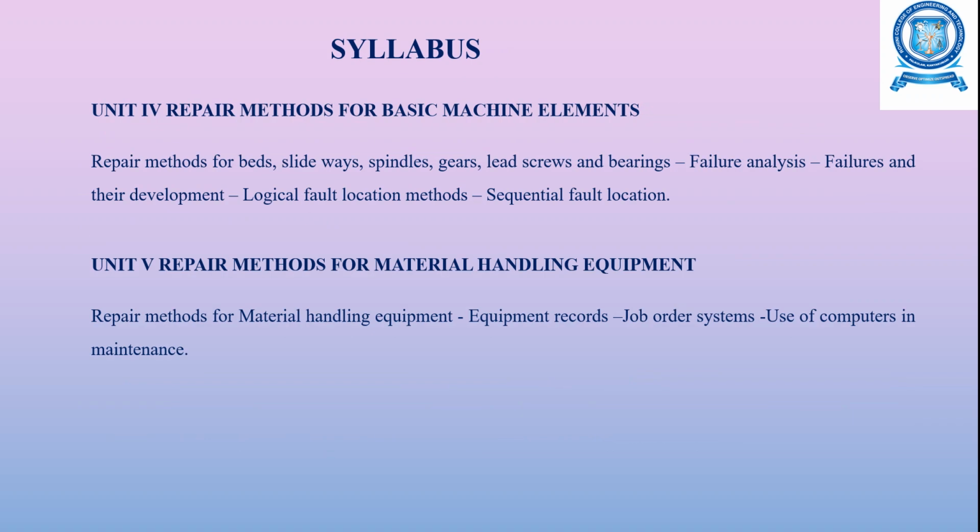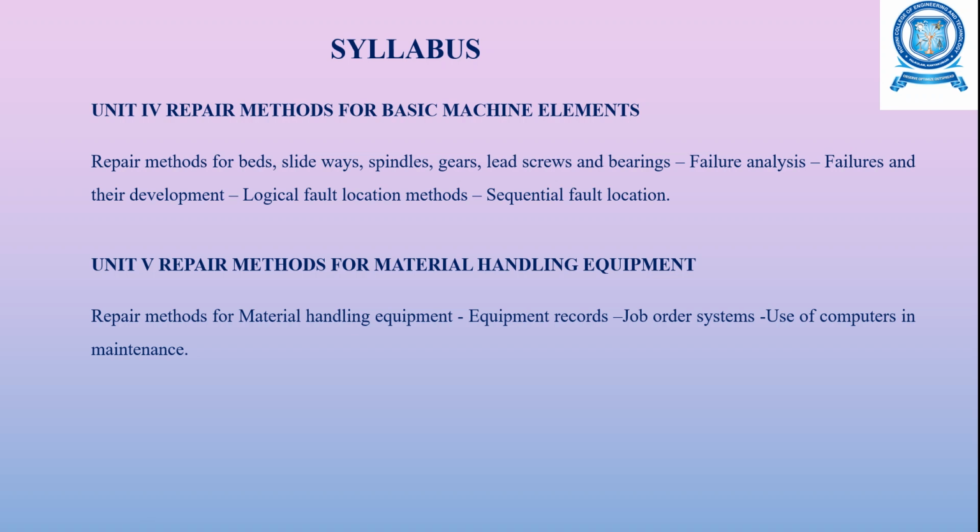And from Unit 4, that is repair methods for basic machine elements, the students will be studying about the repair methods for beds, slideways, spindles, gears, lead screws and bearings, failure analysis, failure and development, logical fault location methods, and sequential fault location.